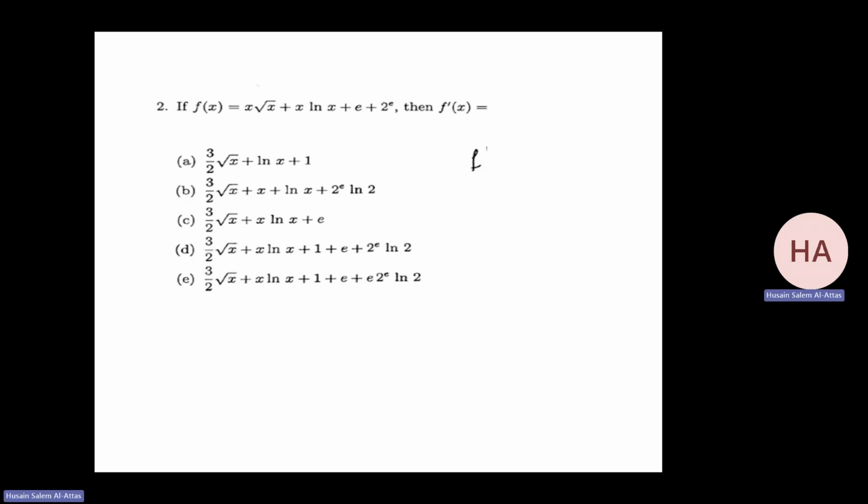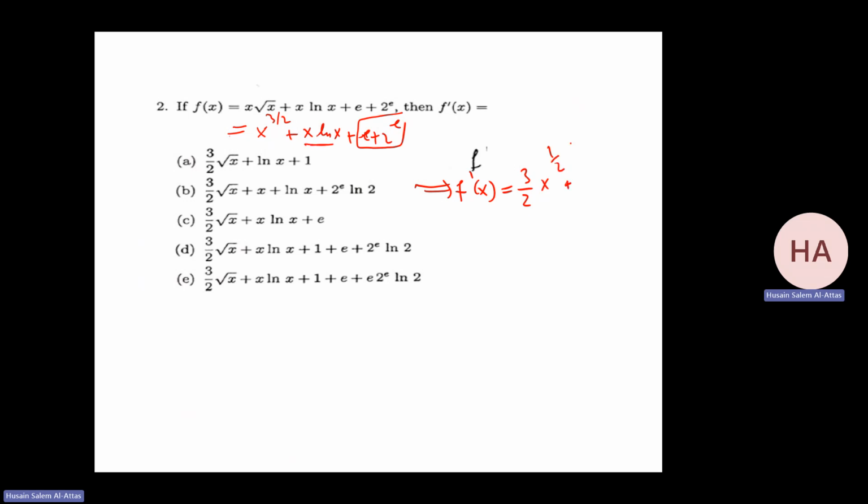x times the square root of x plus x ln x. Yeah, let me simplify this. This will be x to the power 3 over 2 plus x ln x plus a to the power 2 plus 2 to the power a. Don't forget, these are just constants. So it will be f prime of x: 3 over 2 x to the power half, plus, this is the product rule.